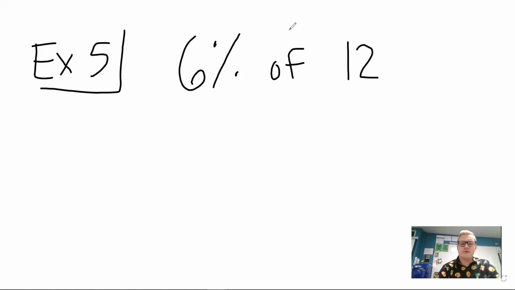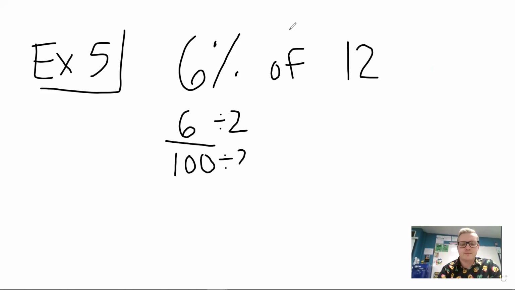So 6% of 12, let's turn that percent into a fraction first. I'd write 6 over 100. Then I need to simplify. Both numbers are even, so they are divisible by 2. 6 divided by 2 is 3, and 100 divided by 2 is 50. 50 is not divisible by 3, so I am done.